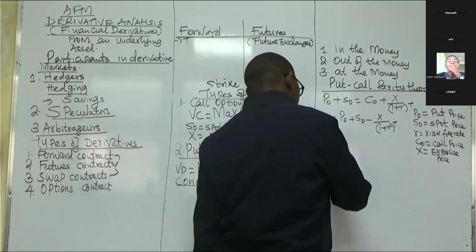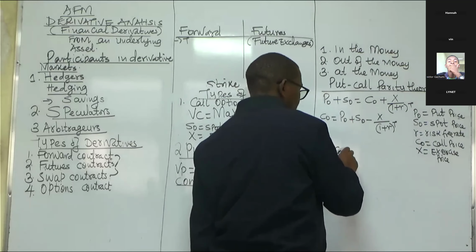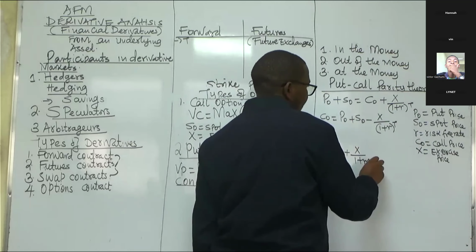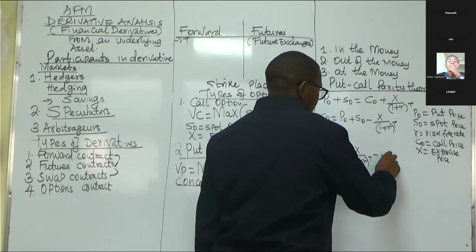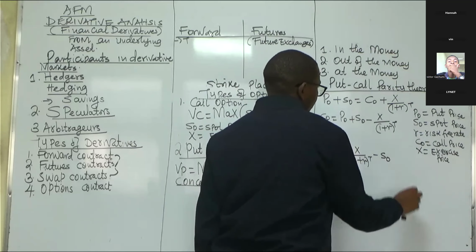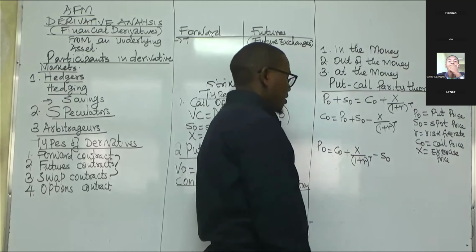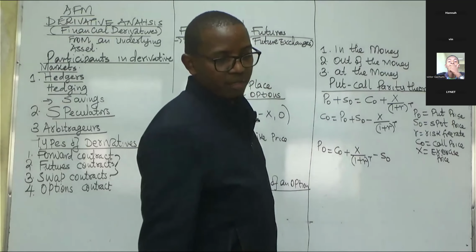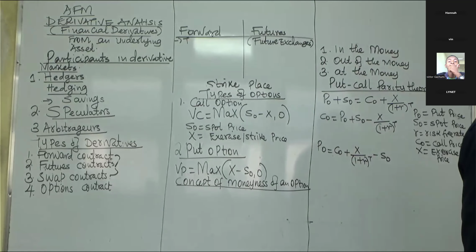So if I want to get the put, I make it the subject of the formula: the call plus the exercise price over 1 plus R power T, minus the spot price. That is how we get the put price.